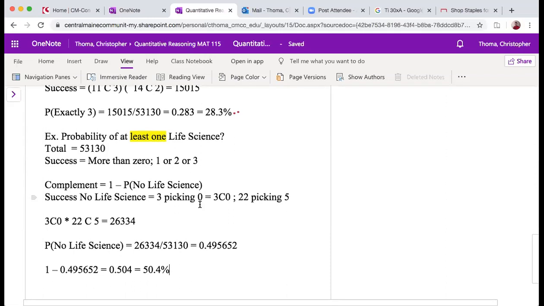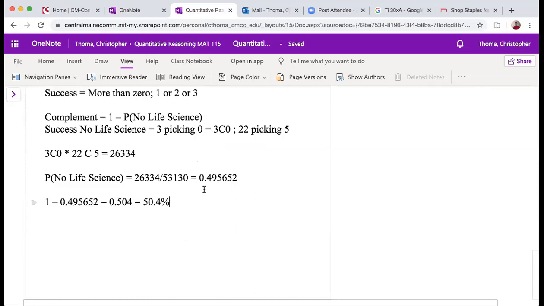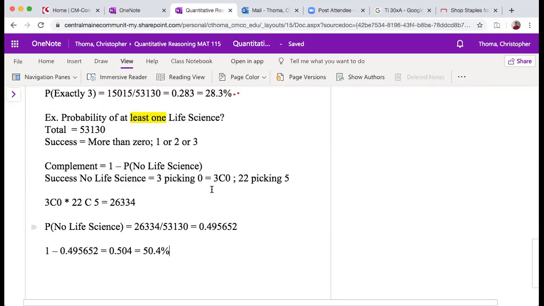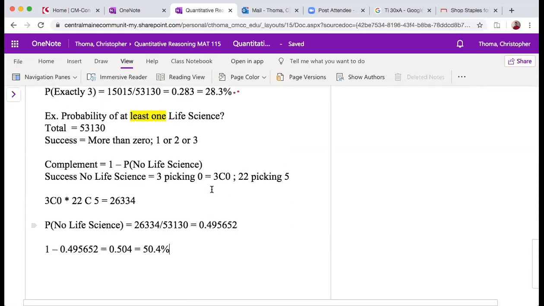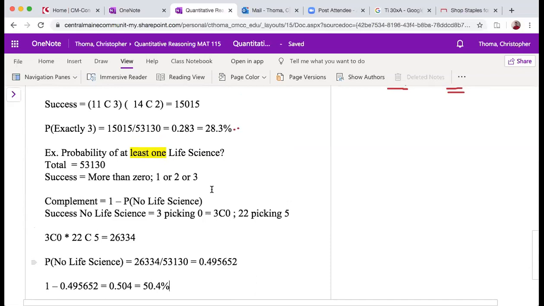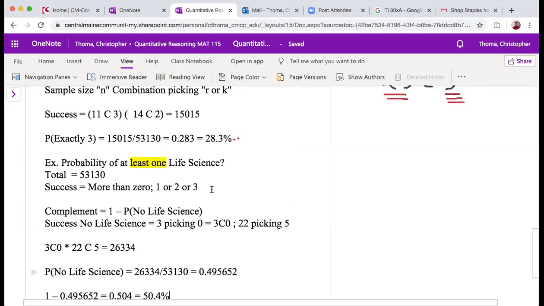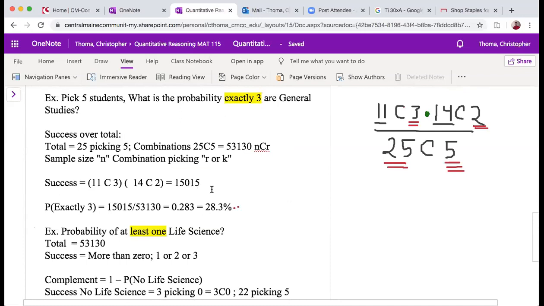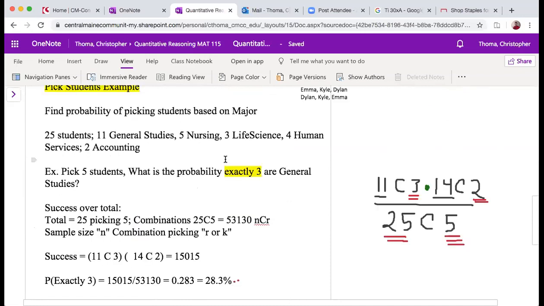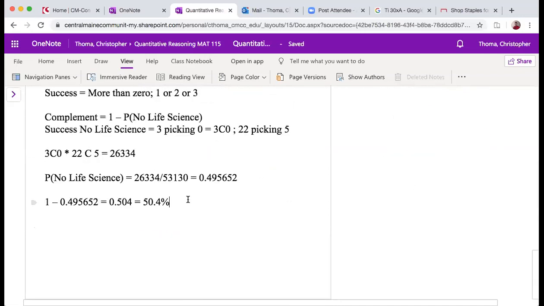All right. Well, this is why we do probability. Sometimes you get numbers that don't make logical sense to you. I didn't think it would be that high, but I don't see any mistakes in our math. I figured with only 3 life sciences that we would have a lower chance of it happening.